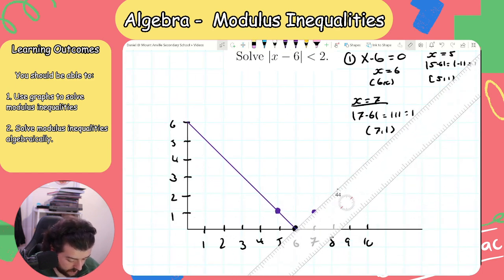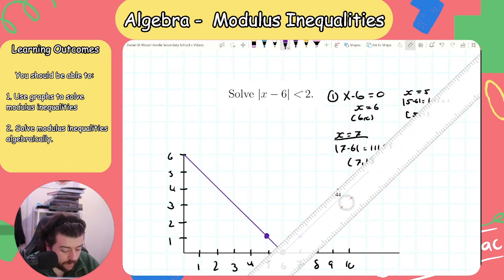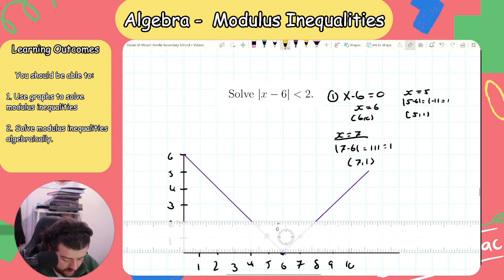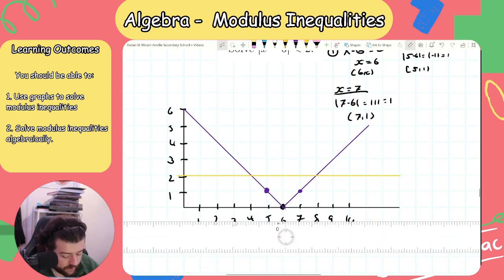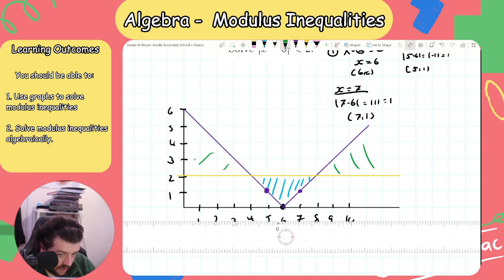It's asking me to solve where the modulus is less than 2. So we go to 2 on my graph. Here it is. Draw a line across. I'm looking for the values where it is less than 2. If I was looking for greater than 2, I'd be looking at these values here, but I'm not.